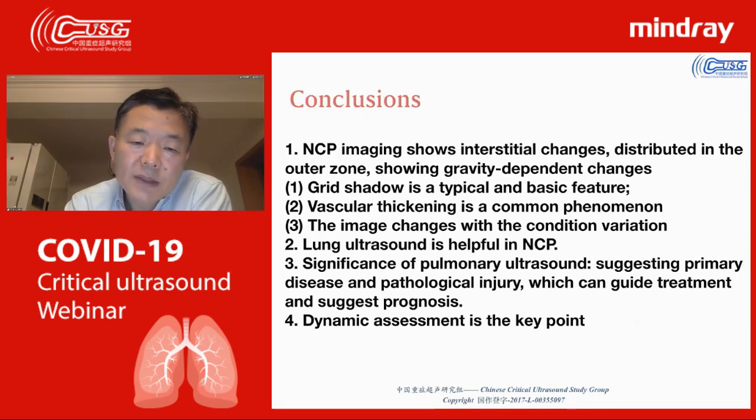And lung ultrasound is a helpful tool in NCP. The significance of pulmonary ultrasound is suggesting primary disease and pathological injury, which can guide treatment and suggest prognosis. And dynamic assessment, checking your patients again more frequently, is the key point. Okay, thanks.